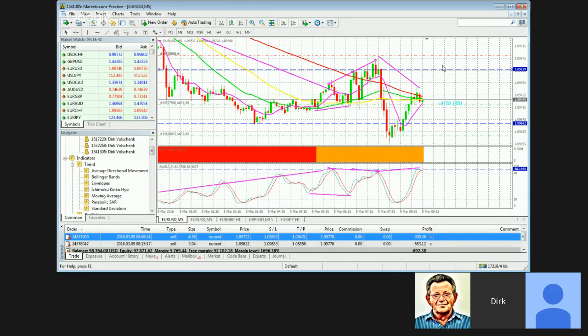Okay, it's definitely making that turn now there. Ooh, there we go. Starting to get some movement. Could get interesting now.